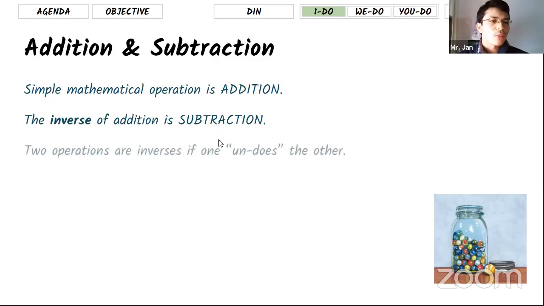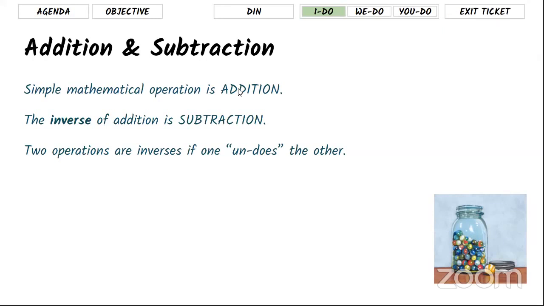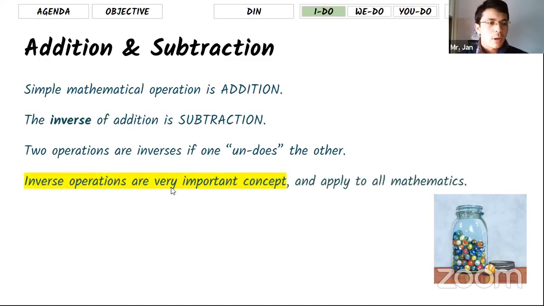We call it subtraction. So 2 operations are inverses if one undoes the other. Undoing subtraction means addition, and undoing addition means subtraction. So these are oppositely related in that way, okay? This is the main point: inverse operation means the opposite of one action.